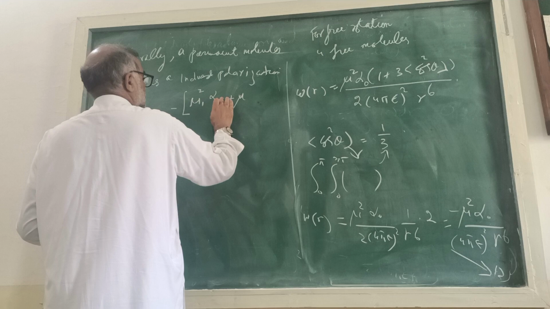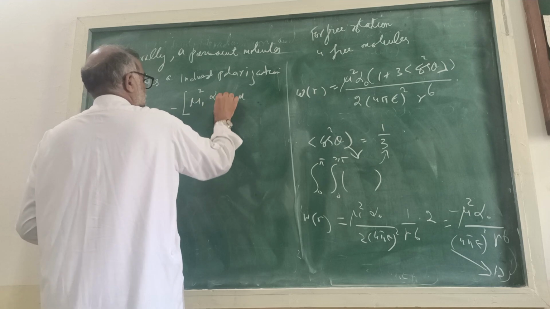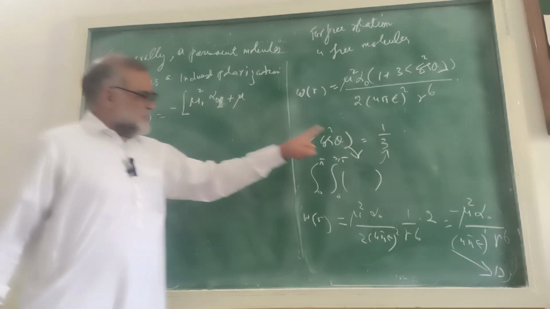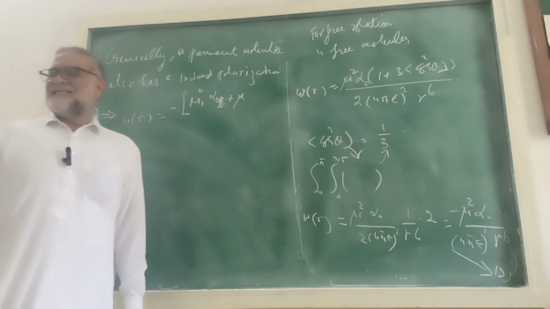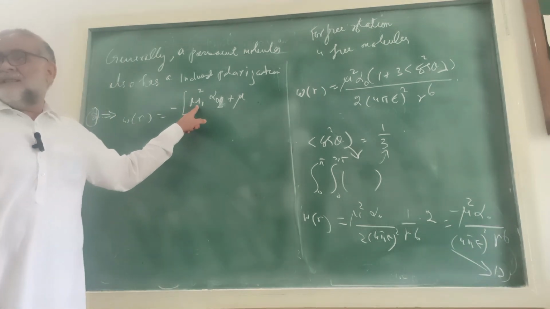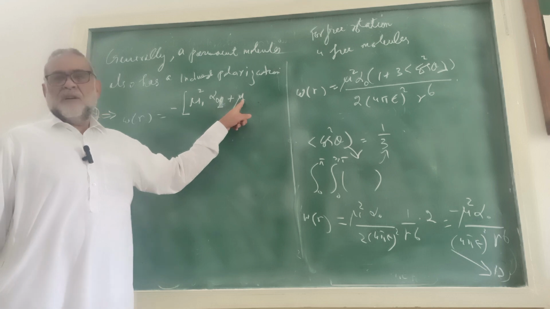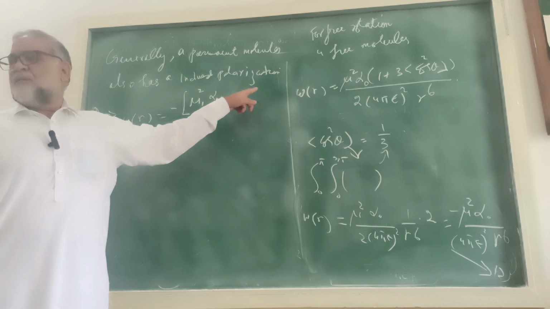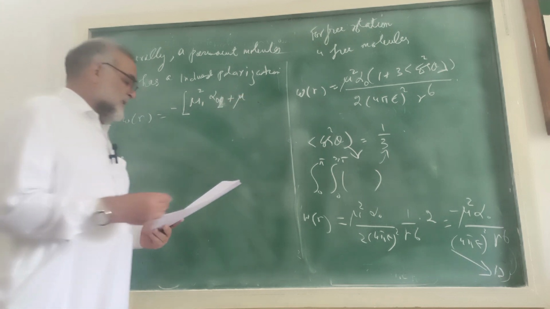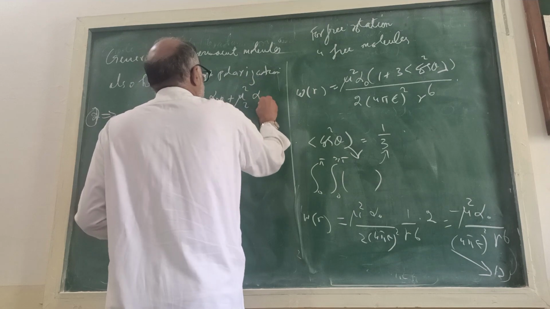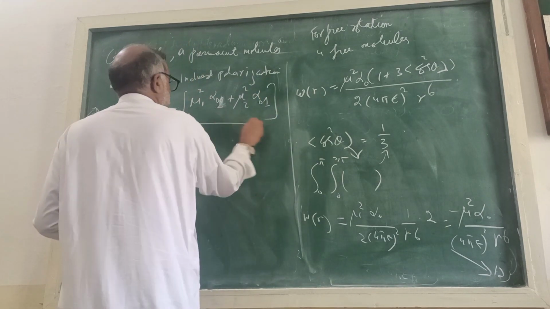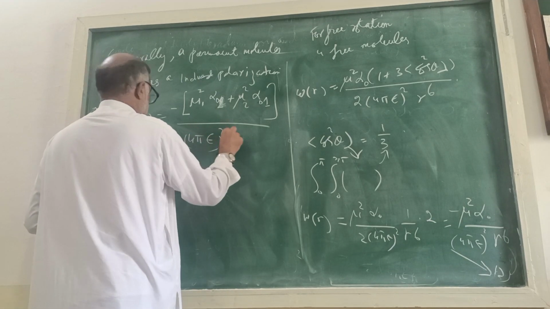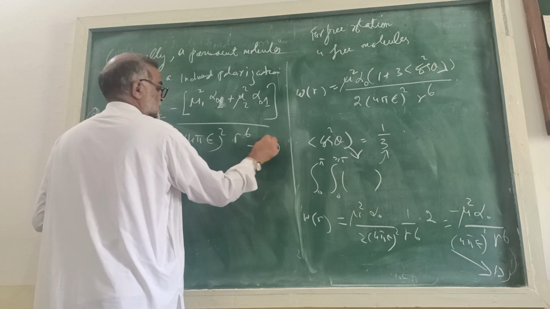That is, the dipole moment of the first and polarizability of the second, plus the dipole moment of the second and polarizability of the first, if there are two permanent dipoles.